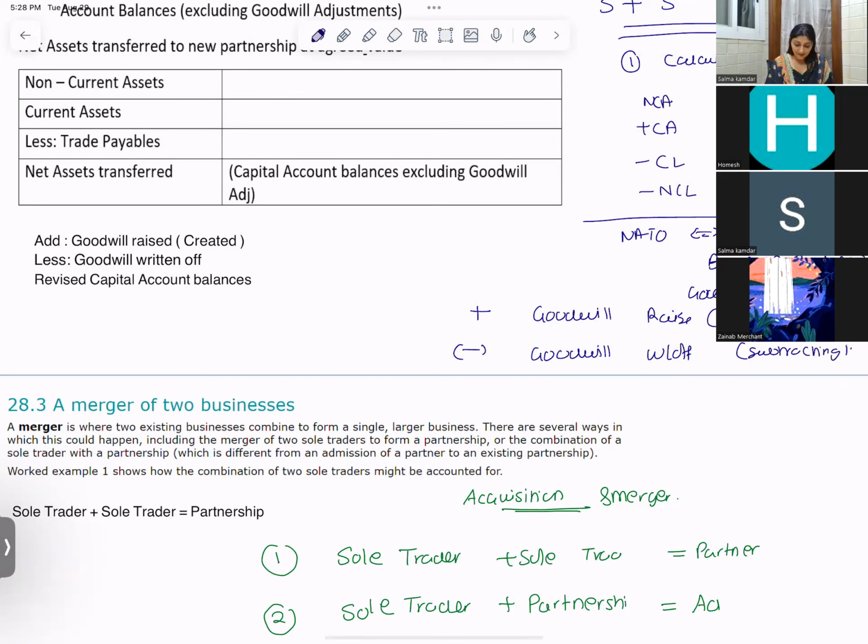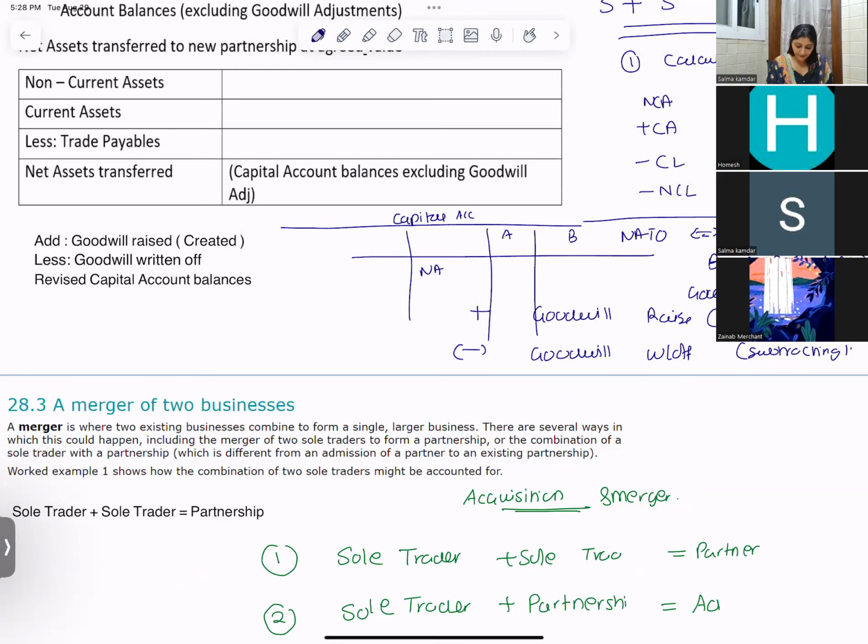Suppose this is your capital account of the partners after the merger, A and B. Where will the NATO be? Which side, debit side or credit side? Capital account always has what balance? Credit balance.